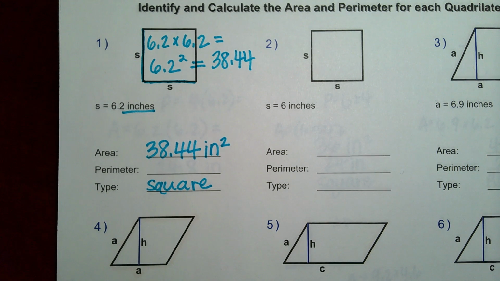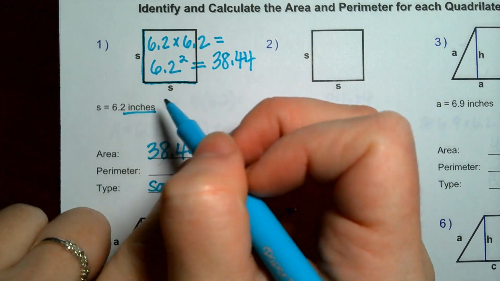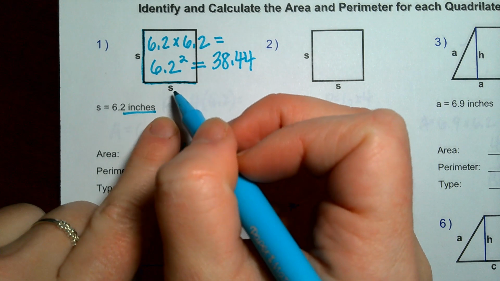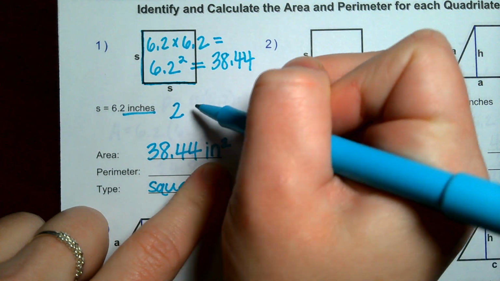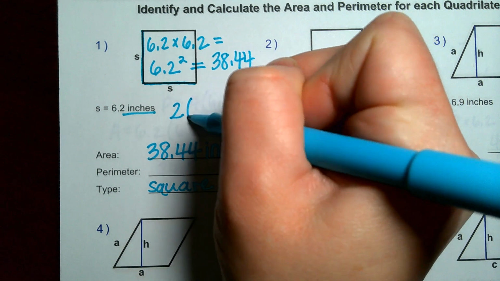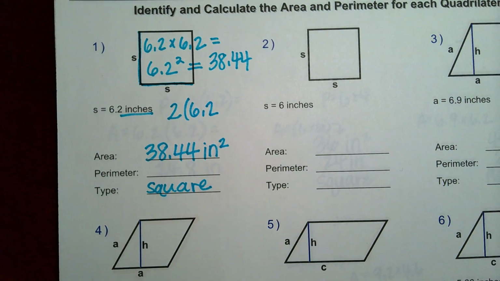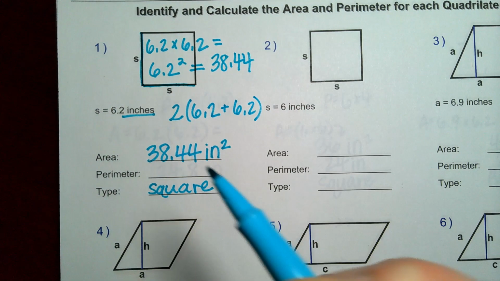So how about perimeter now? What would we be doing here to find the perimeter of this shape? 2 times side. Okay, so 2 times, what am I writing? 6.2, plus 6.2.